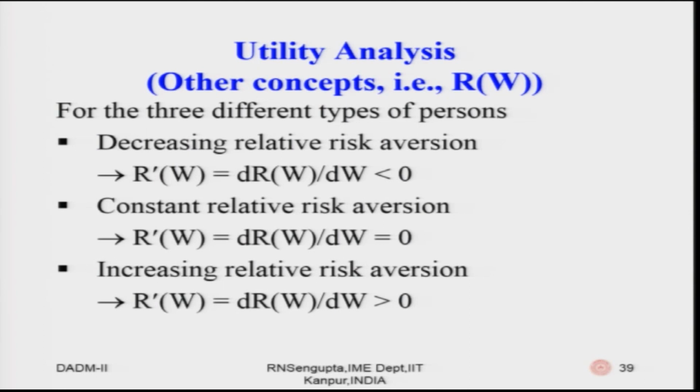So, mark the words decreasing relative risk aversion, constant relative risk aversion and increasing relative risk aversion, and this would be coming back again. I will try to explain the concept of relative risk aversion property increasing, decreasing and constant in the same type of explanation as I did for the absolute risk aversion property.